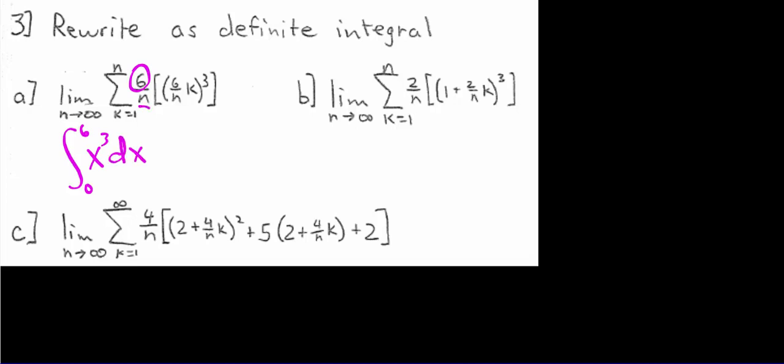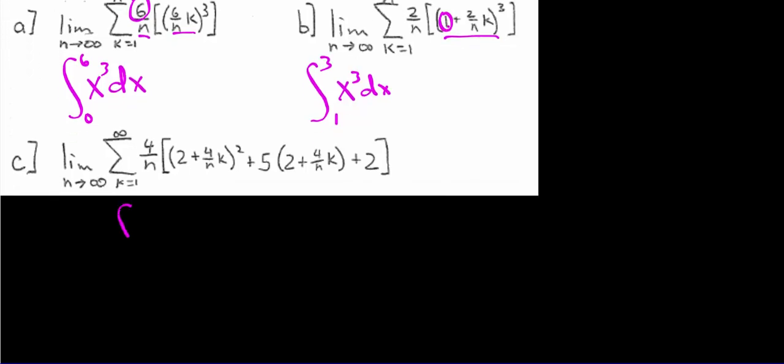See, this is my delta x, x k, that's raised to the third power. Over here, I've got the integral from 1 to 3. See? 1 and 2 adds up to 3. And this is going to be x cubed. Just replace that in with x.